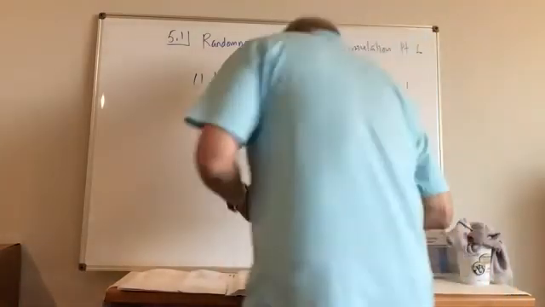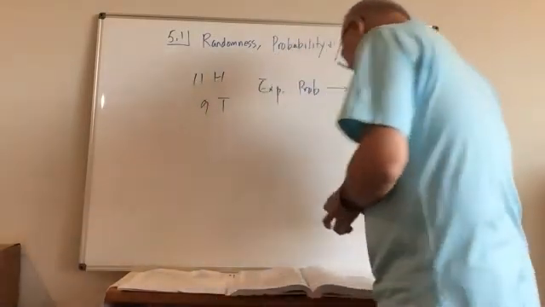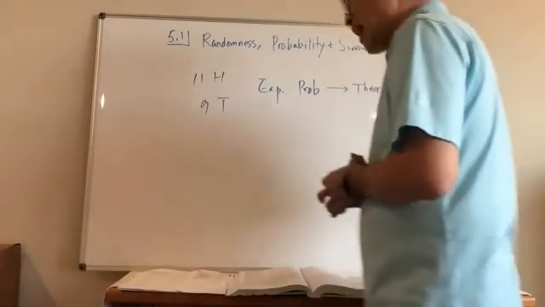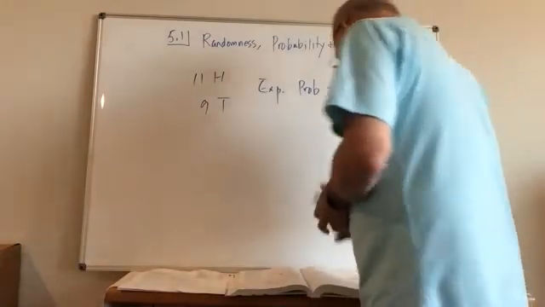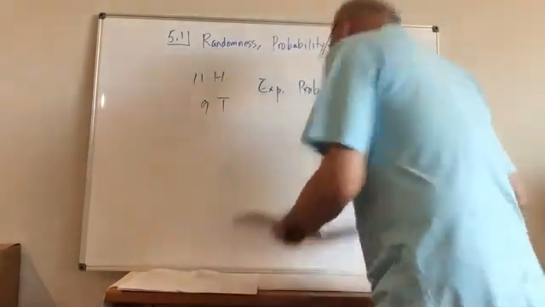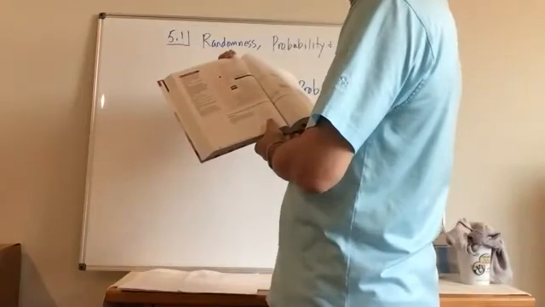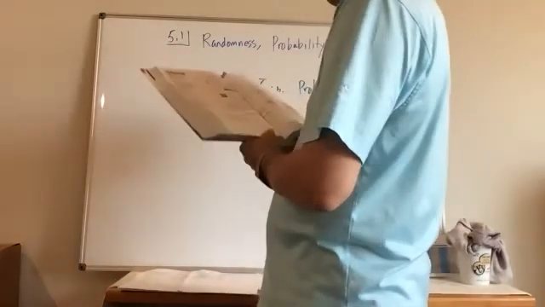And that is actually shown on page 300. You can see that as you do this so many times, right? And how many times did they do it on this one? On this, it looks like they did 10 times. They flipped the coin 10 times, right?